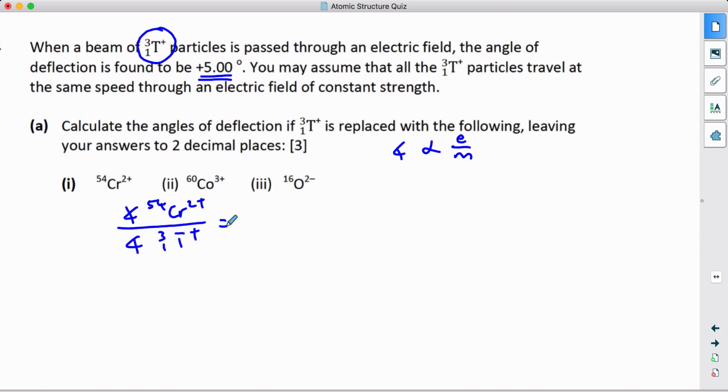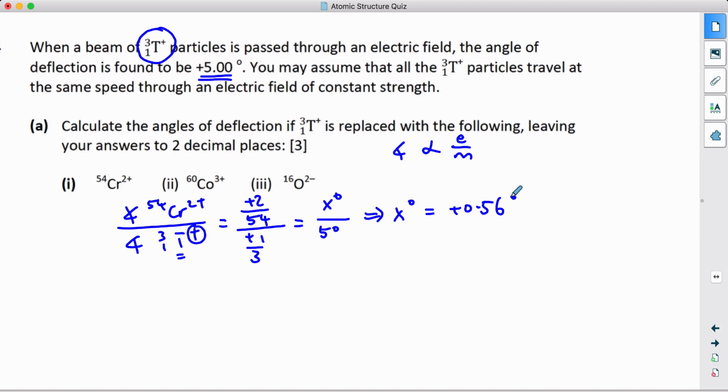So for this case, it is 2 over 54 over plus 1 over 3. The angle of deflection of T+ is 5 degrees. When you solve it, x degrees is equal to plus 0.56 degrees.